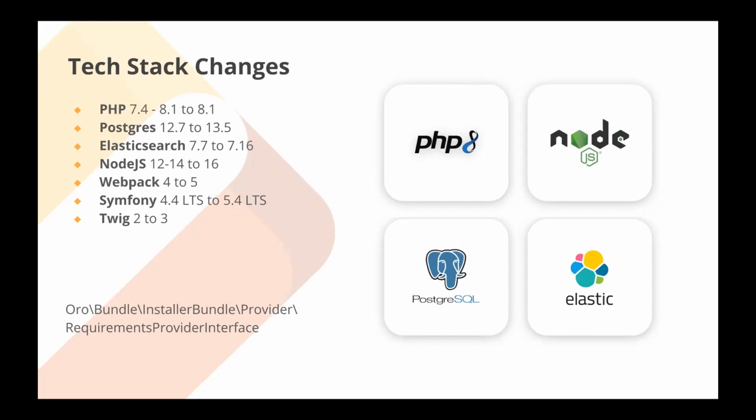And we also upgraded Twig to the third version. The second version of Twig is still supported, but as we want to use the latest features in our templates and minimize the upgrade effort in next releases, we decided to upgrade Twig as well. There were not many changes for Twig designers. Mainly it's for developers who extend Twig but not who use Twig.